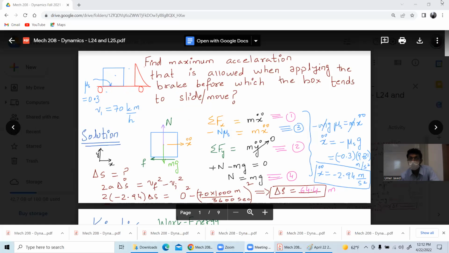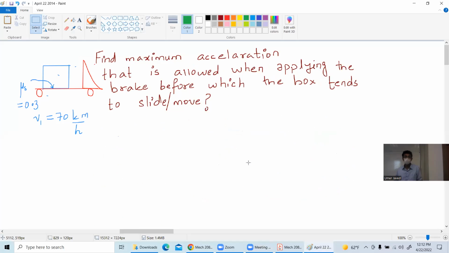Okay, do this problem then. Got it? Answer? Oh, you got it. That was quick. So, how to do this problem? Find the maximum acceleration that is allowed when applying the brake before which the box tends to slide or move.